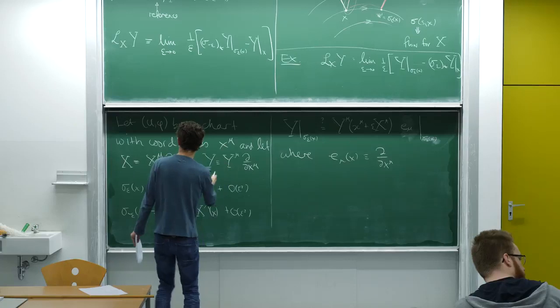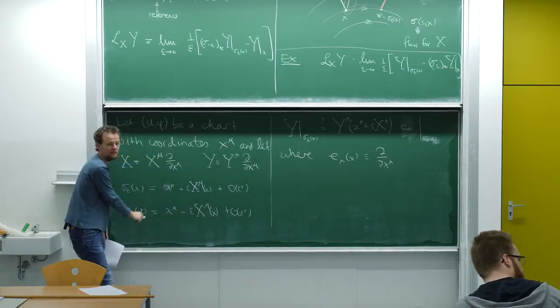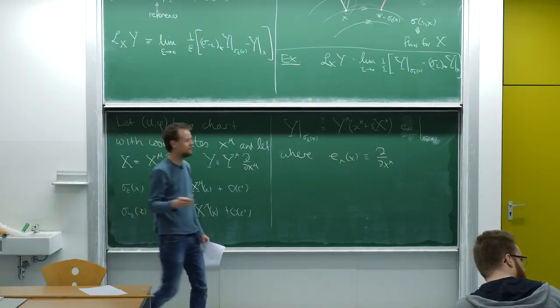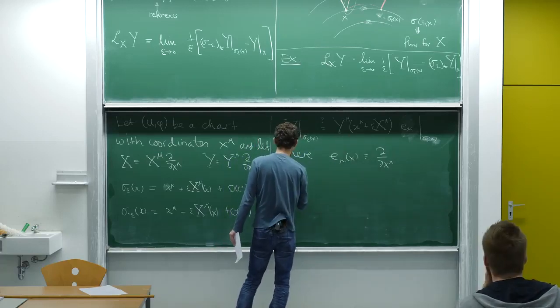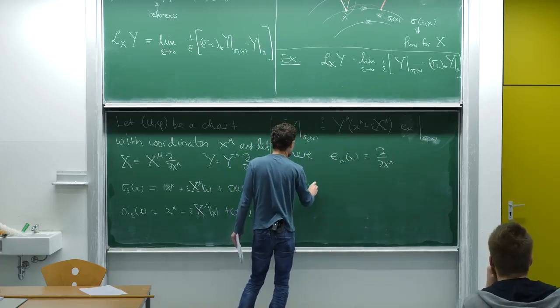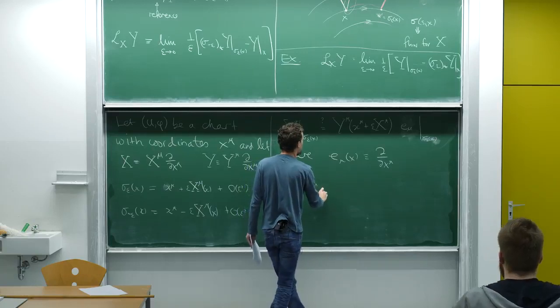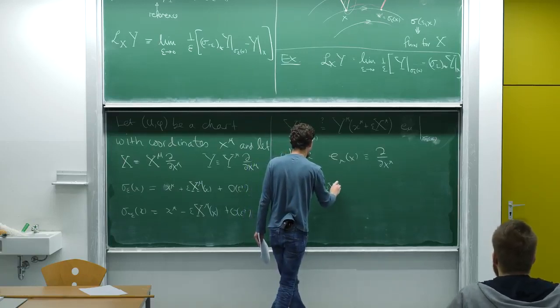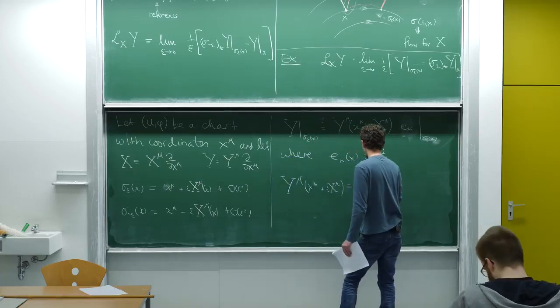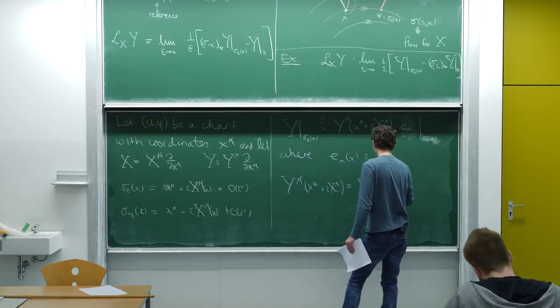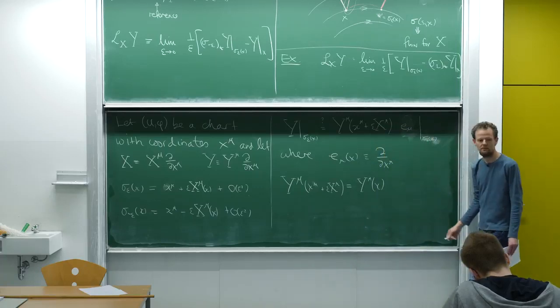To deal with that, we're going to have to push forward by sigma minus epsilon x. But let's do each part in turn. So let's first Taylor series this thing up here. Okay, that's kind of pretty easy, right?